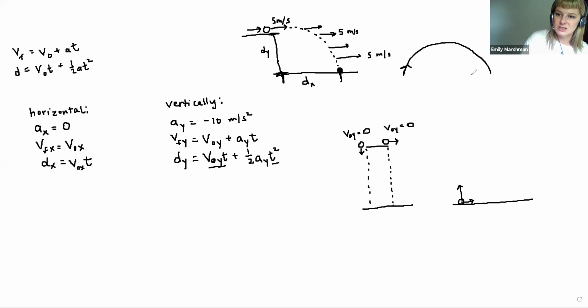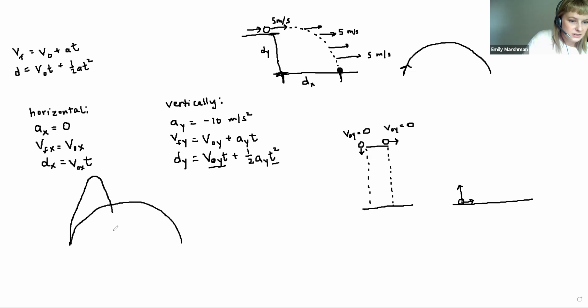What is this? So if I have a projectile, there's lots of different projectile types, right? I can have a really high projectile, but it doesn't go very far. Right? I can have a very low projectile that goes a little bit further.